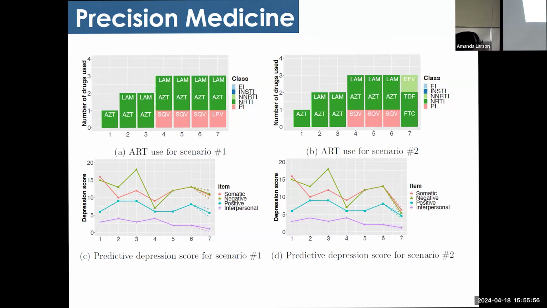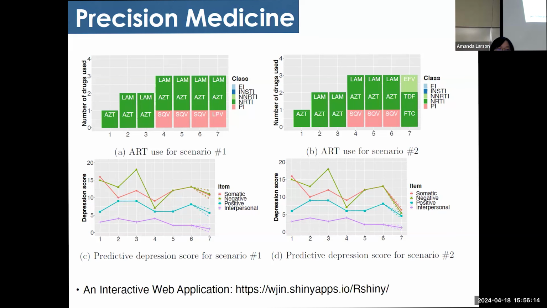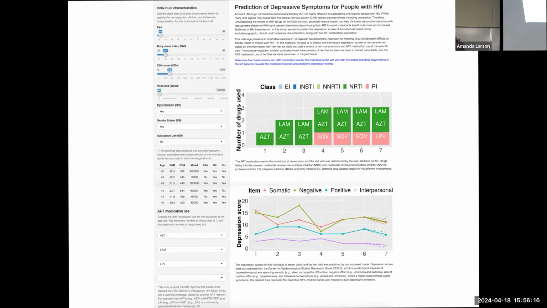So if you just look at the mental health of this person, then the clinician, or the people, would prefer this drug combination because it leads to a lower depression score compared to this regimen. We also built a Shiny app: if you input this person's information, it will give you the prediction and tell you which drug combination has the best mental health outcome.